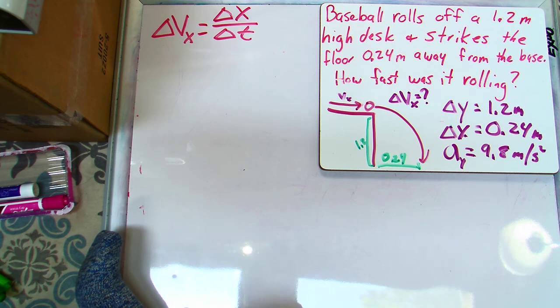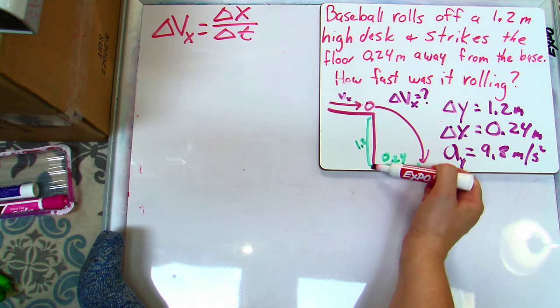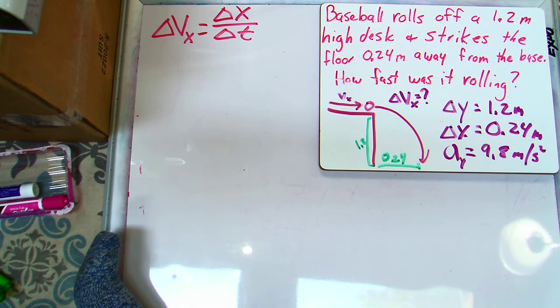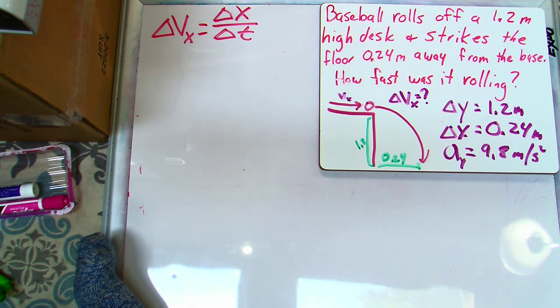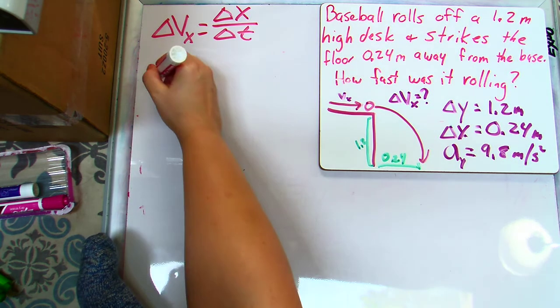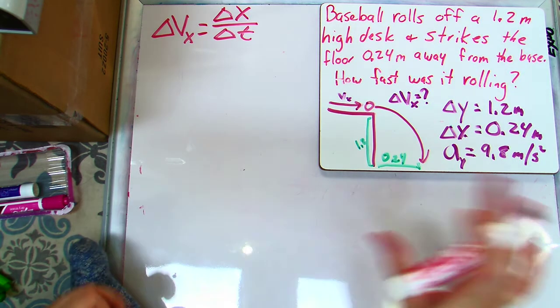Well, luckily for me, that's the same amount of time that it took it to get from here to here. So as long as I have a way to figure it out using free fall, I can. And we do have an equation using free fall. Now I'm going to switch it up just a little bit.